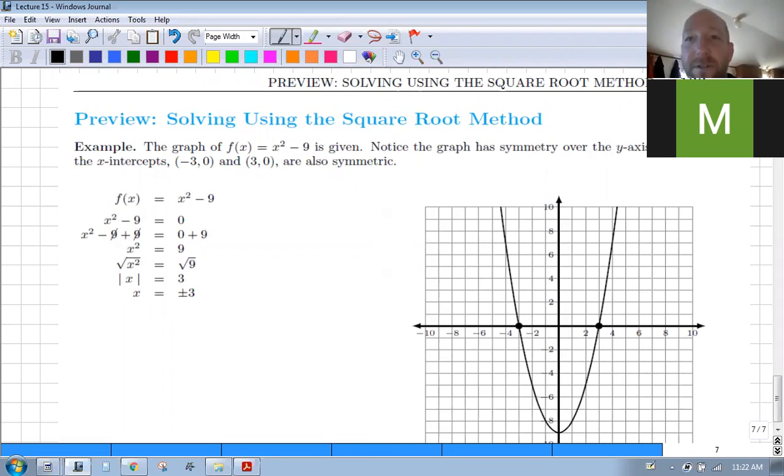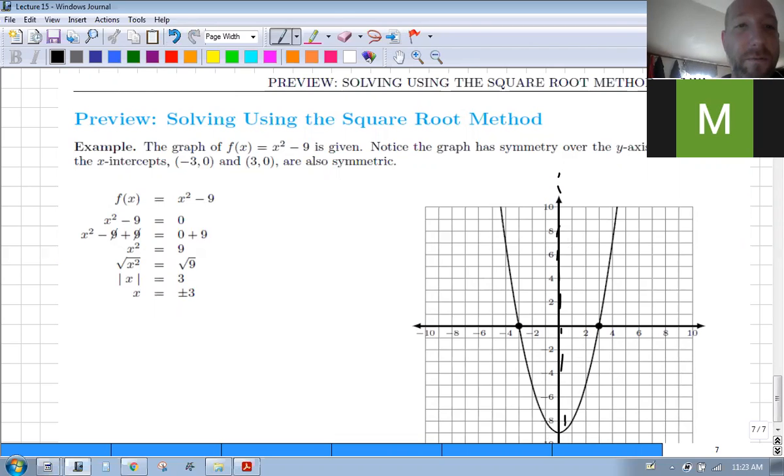Notice the graph has symmetry over the y-axis, and the x-intercepts are also symmetric. Here are our x-intercepts. They're symmetric because this is symmetric about the y-axis, meaning if you fold it over the y-axis, it matches.